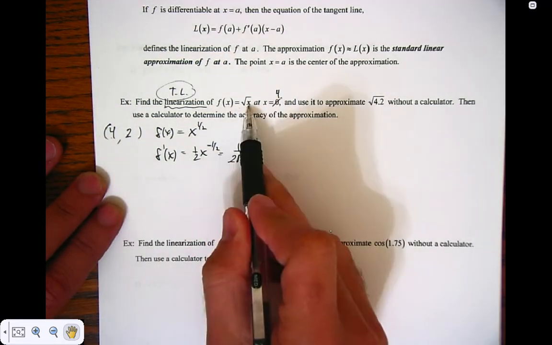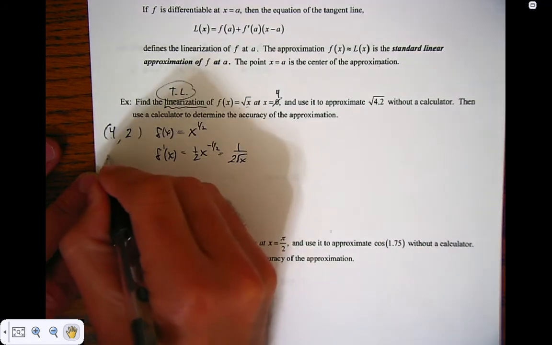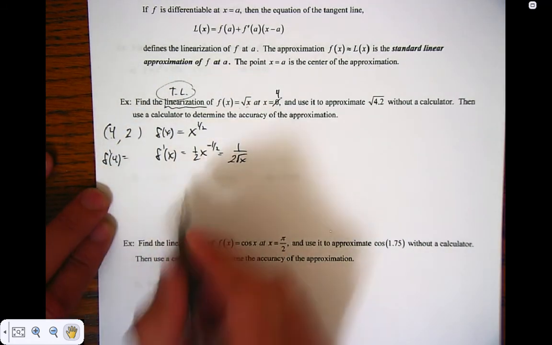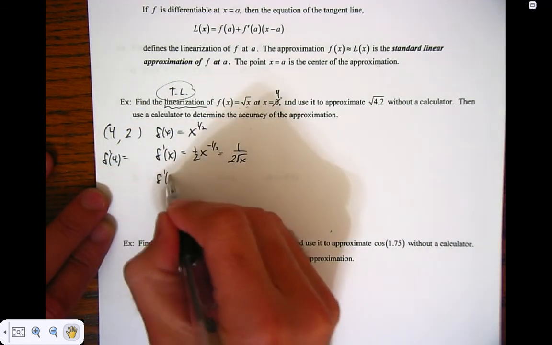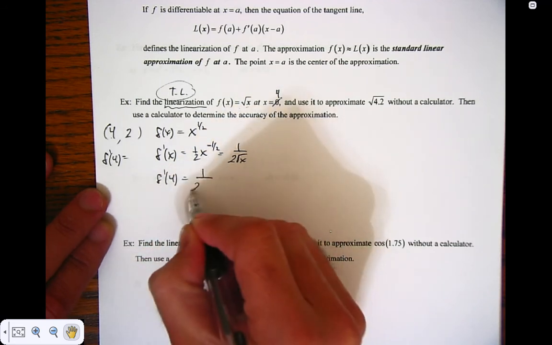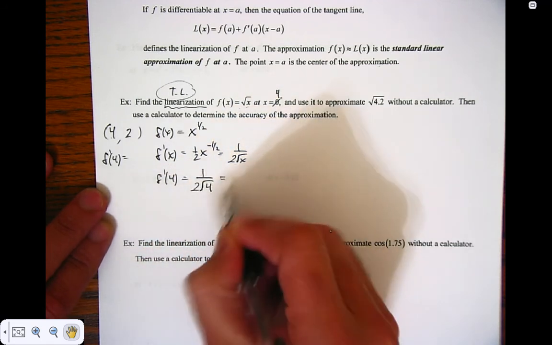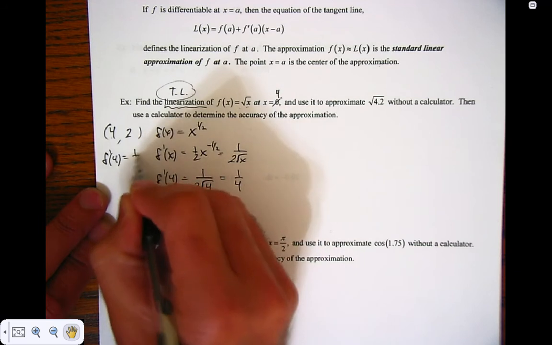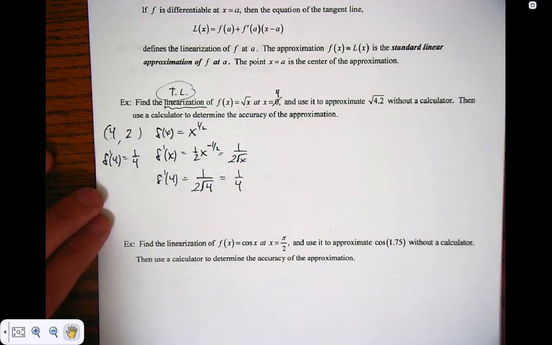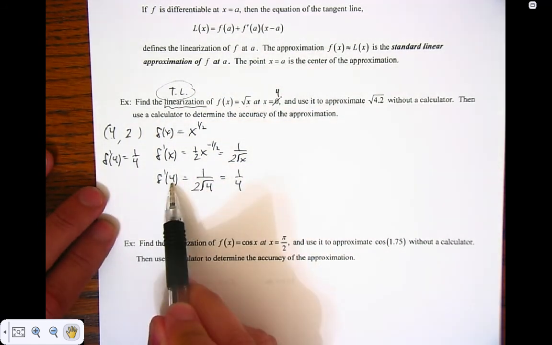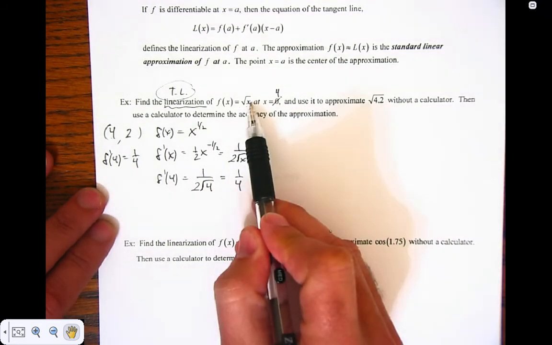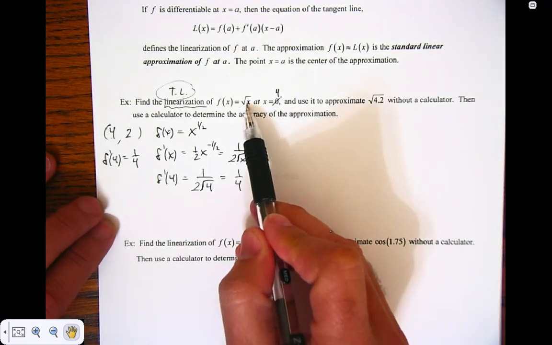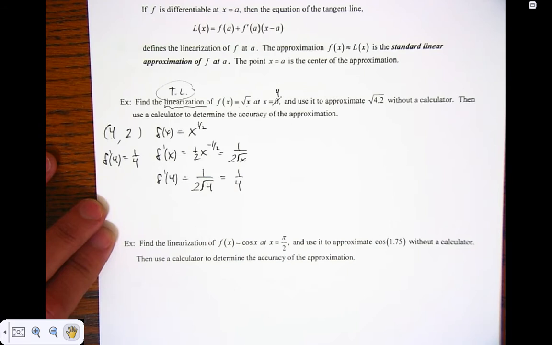When I plug it in, the square root of 4 is 2. And I need f prime at 4. So f prime of 4 is going to be 1/2 square root of 4, which is just 1/4. Hopefully you can realize why I'm plugging in 4. I'm plugging in 4 because I know the square root of 4 without a calculator. That's why this worked out nice and neat.